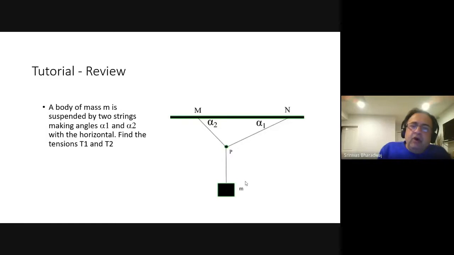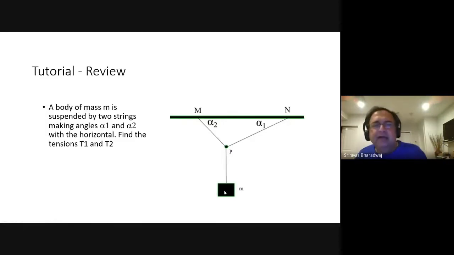Now, because the mass is applying a T3, a weight is applying a force of T3 on the thread, the thread is also applying a force of T3 on the mass, according to Newton's third law.